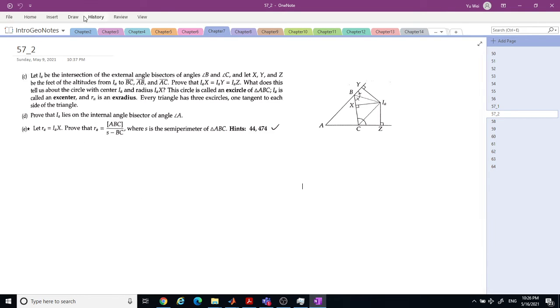So this is the IA, right? This is the X radius. Okay, so that's why we already proved this, and we want to prove IA lies on the angle bisector of the A, right? So let's see.